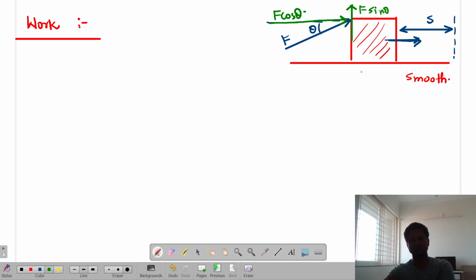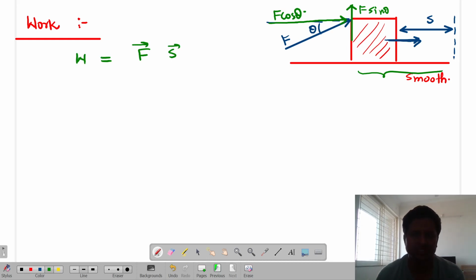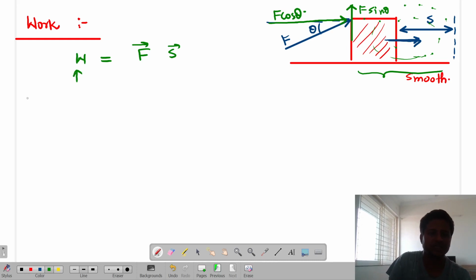The physical change has been brought in the horizontal direction only. So that is how work was defined: work is nothing but vector force into displacement. Now the question arises: is work a vector quantity? The answer is no, because this physical change is happening in a surrounding over here, isn't it? Are you able to get me? So work is a scalar quantity.